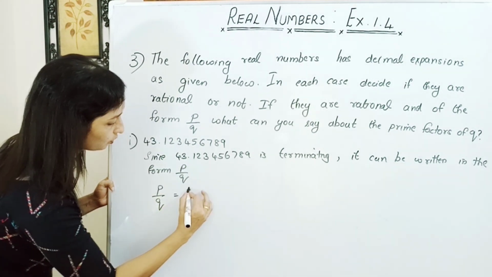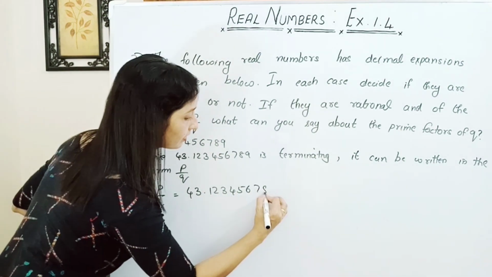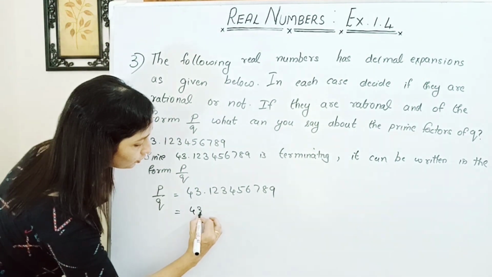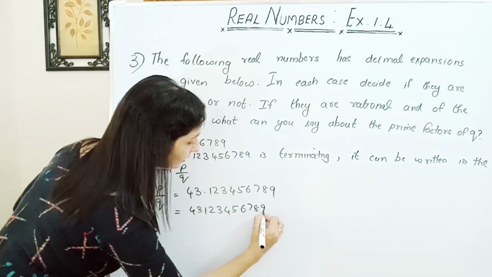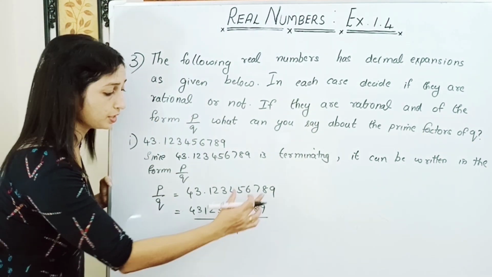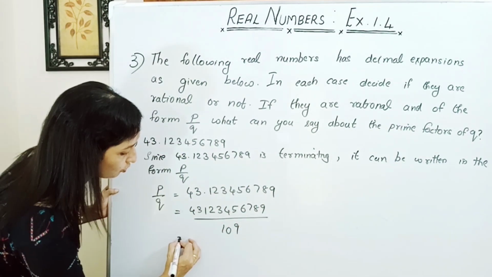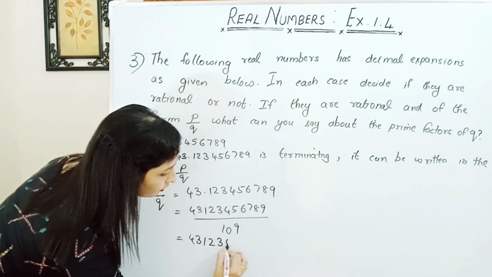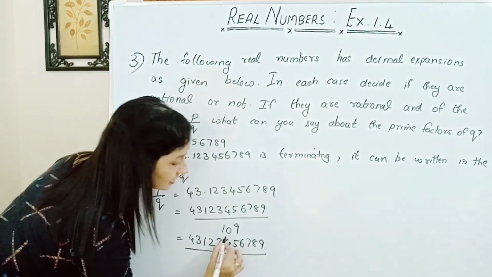P by Q is equal to 43.123456789, which is equal to 43123456789 by 10 raised to 9. Why 10 raised to 9? Because there were 9 decimal places which I took to the left side.